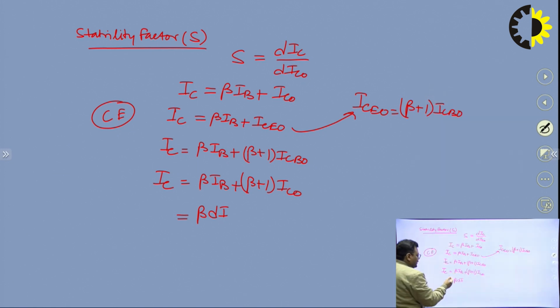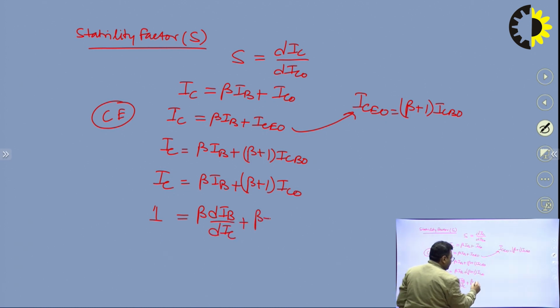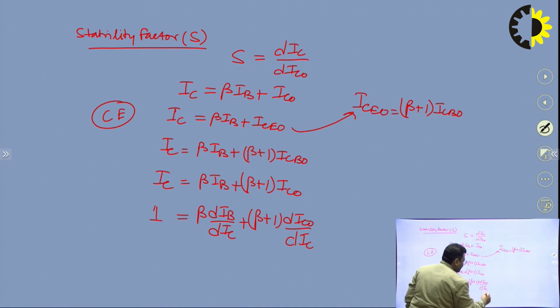So if I differentiate this equation with respect to IC, here I will get 1 is equal to beta times dIB over dIC plus beta plus 1 into dICO over dIC, right?